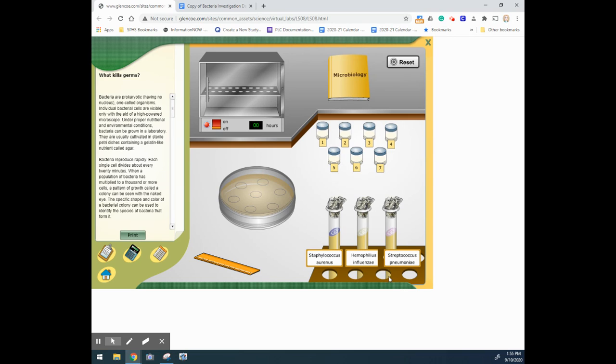Now, what is the independent variable? What is the independent variable in a study? Yeah, that's what you're changing, okay? So what we're doing in this study is we're going to pick one of these bacteria, and then we're going to test all of these different antimicrobials or antibacterials on that particular bacteria. So what are we changing?